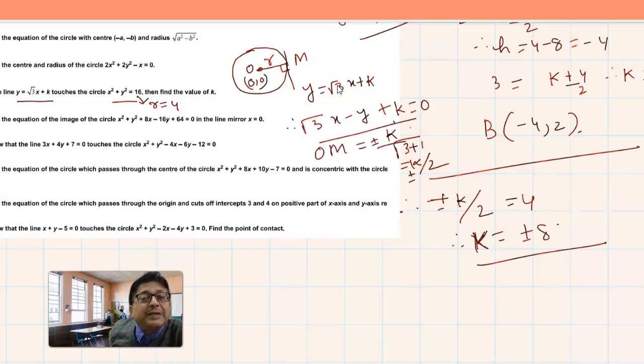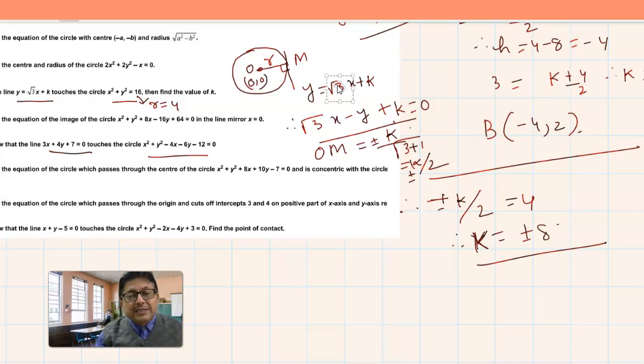For these two values of K, the line will be tangent. If they have asked you to prove, show that this line touches the circle, you remember that thing, that the center to the line, the length of the perpendicular must be equal to the radius. If it happens, then the line will touch the circle.